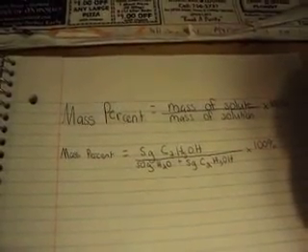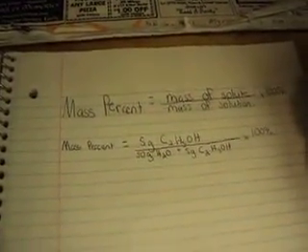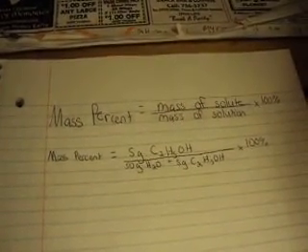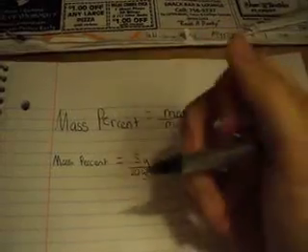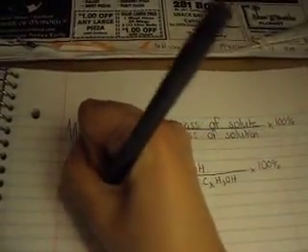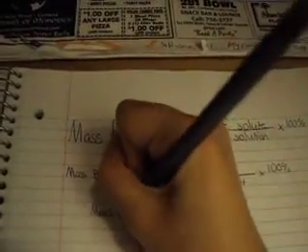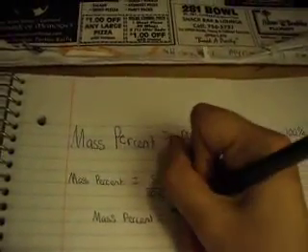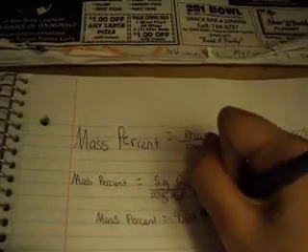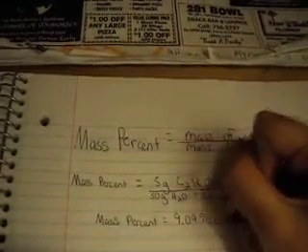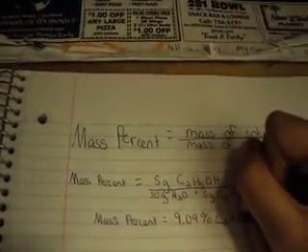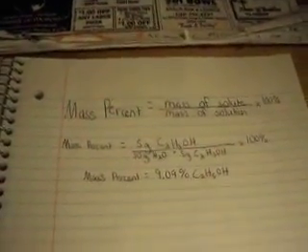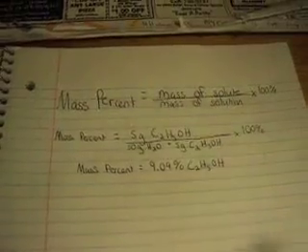So 5 divided by 55 and then you times by 100 will give you the mass percent of 9.09% of ethanol in this solution. It's pretty simple once you work out all the steps. Simple math.